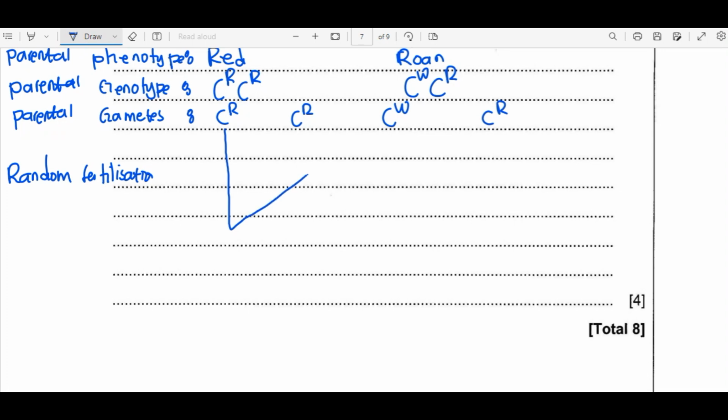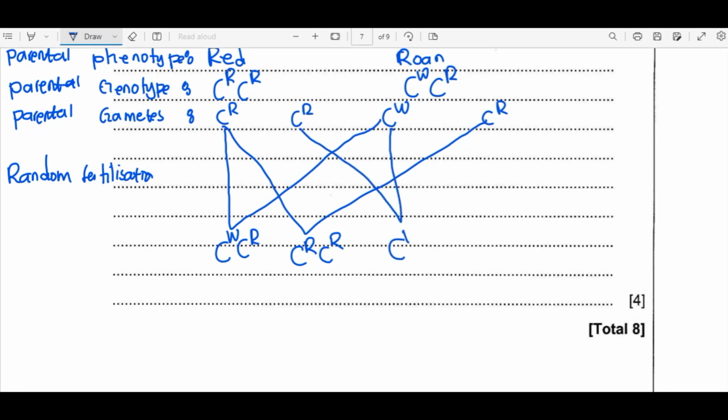So say genotype of F1, which is the generation of the offspring.